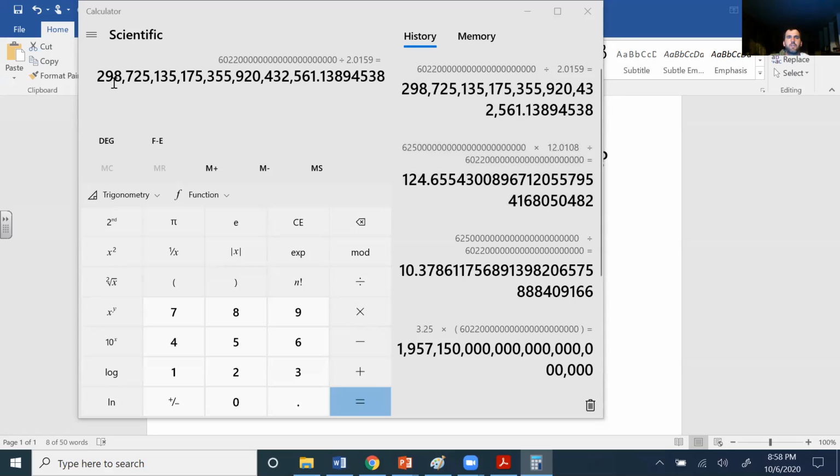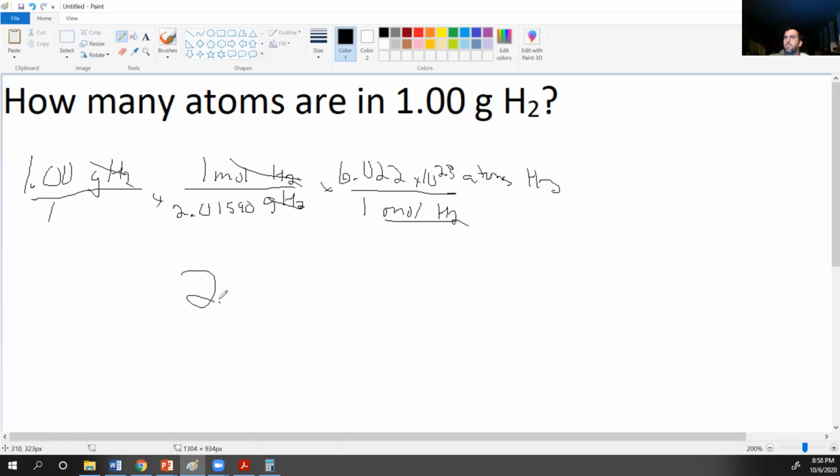I need 3 significant figures, so that would be 299 times 10 to the, start counting decimals, 3, 6, 9, 12, 15, 18, 21, 22, 23. So this answer would be 2.99 times 10 to the 23 atoms H2. Remember, atoms, particles, and molecules are all the same thing.